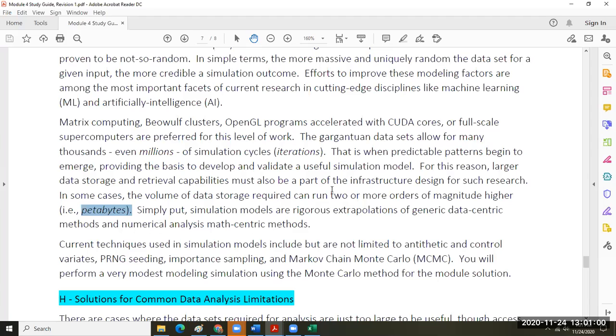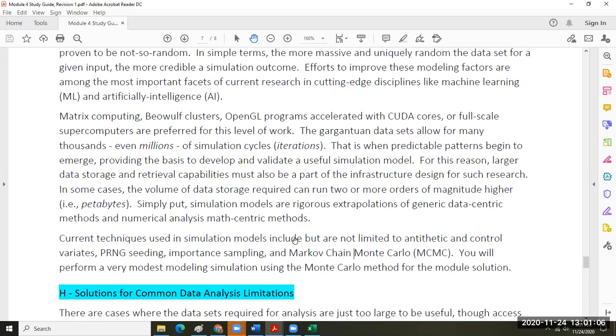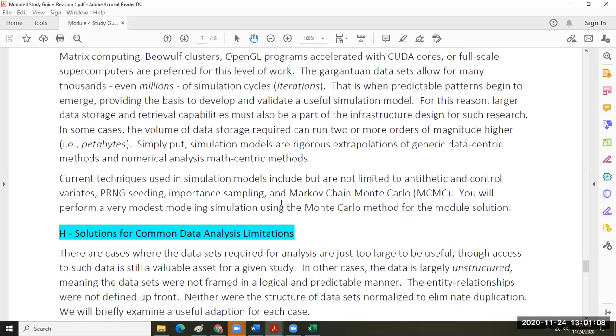So I just wanted to explain a little more about why we're doing Monte Carlo, right? You also have other simulation models that are very popular right now, like antithetic and control variates. Some of this is in your textbook: PRNG seeding, importance sampling, and Markov.